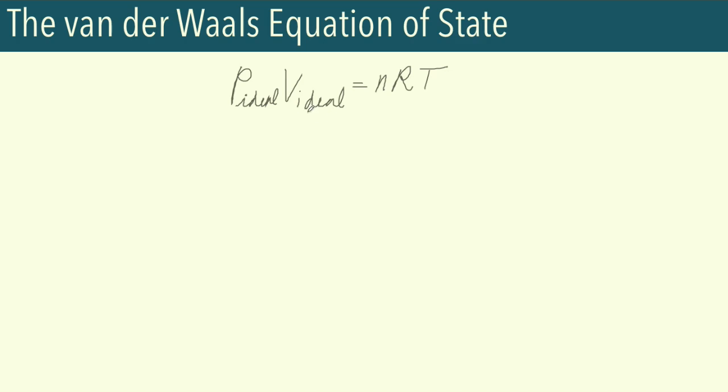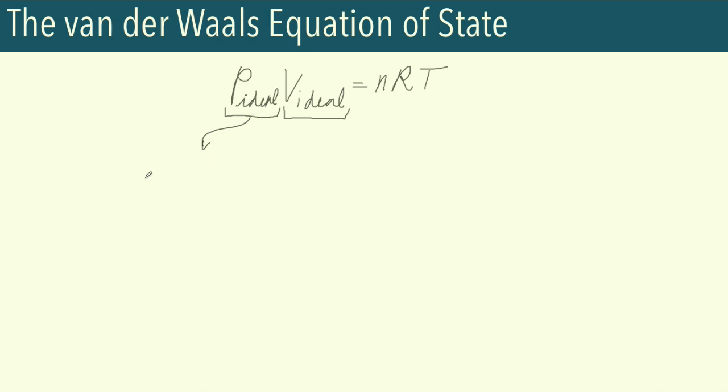What we're going to do here is add corrective terms to our pressure term and our volume term. Pressure is going to be affected by the interactions of the molecules with one another, and our volume term is also going to be affected by the volume of the actual gas molecules.